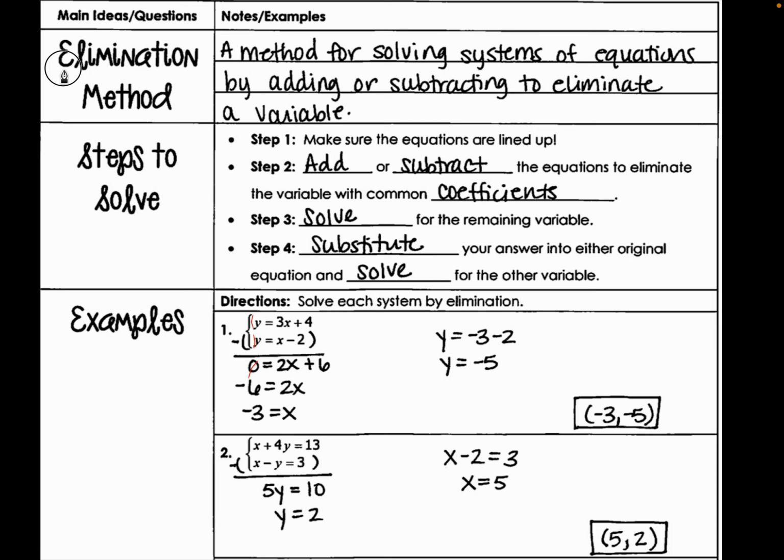That's the whole process in elimination. You want to eliminate one of the variables, and that happens when they have common coefficients. So both of these have a coefficient of 1. I know that if I do 1 minus 1, it goes away, and that's what you want. But then we have to keep subtracting the whole equation. We can't just do the y's. So 3x minus 1x gives us 2x, and then 4 minus negative 2.